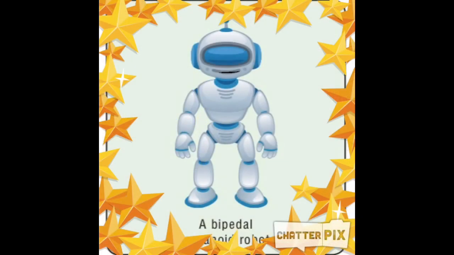Hello, I am a robot. I am an automatic machine. I can perform mechanical and repetitive jobs faster and more accurately than you people. I can handle dangerous materials and explore distant planets. My name, robot, means forced labor. Robotics is the study of robots.